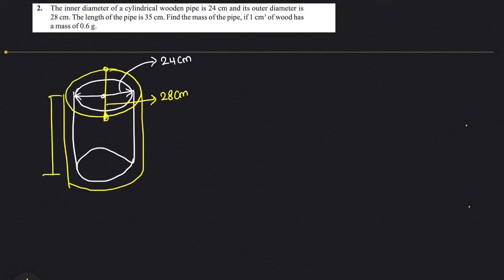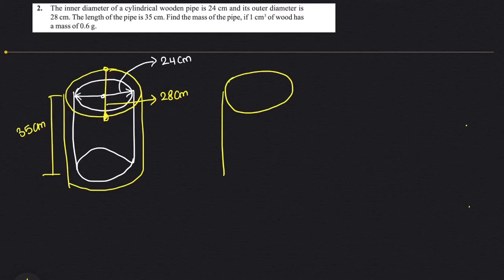Both are the same, height is equal to 35 centimeter. Now we need to find the mass of the pipe. That means we find the volume and multiply by the mass. We need to find the volume of the pipe only, not for the entire value. So it's very simple.